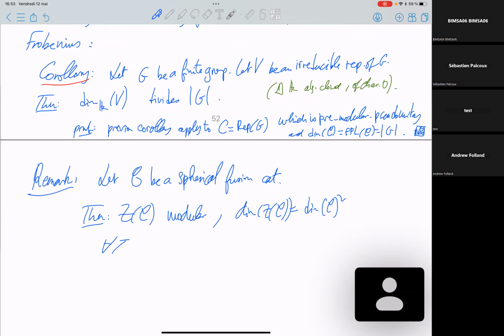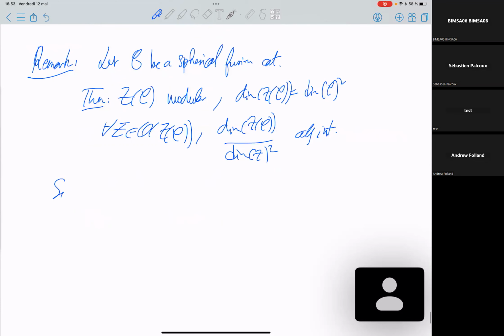For all simple objects in the center, we have an algebraic integer. So we have this very nice arithmetic property for all simple objects in the center of C, spherical fusion.